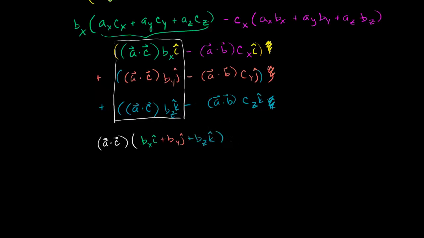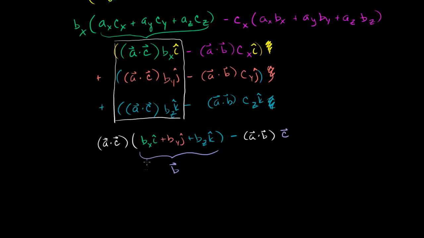And then from that, we're going to subtract all of this, a dot b. We're going to subtract a dot b times the exact same thing. And you're going to notice this right here is the same thing as vector b. That is vector b. When you do it over here, you're going to get vector c. So I'll just write it over here. You're just going to get vector c.